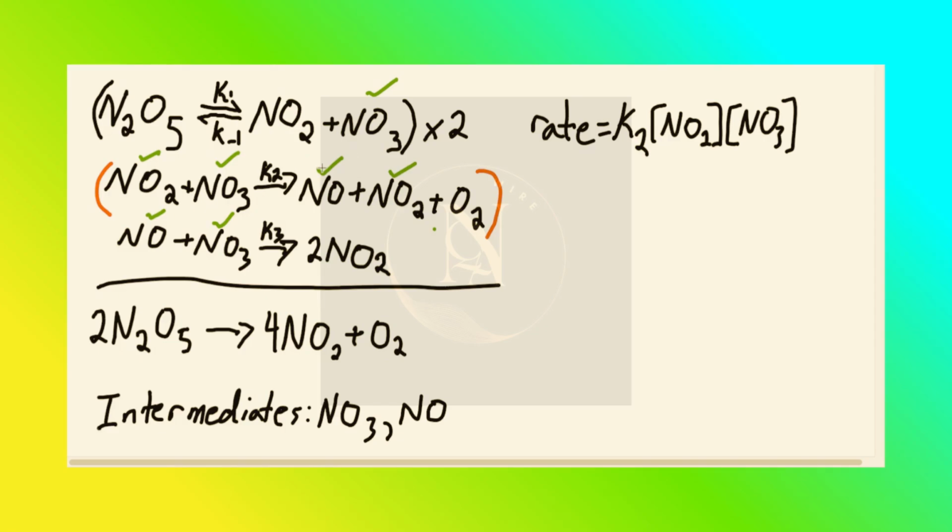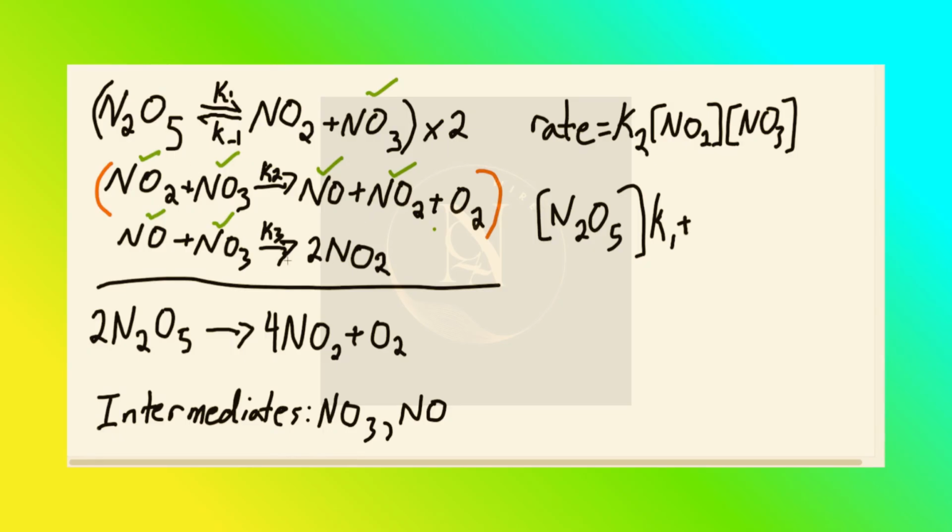So the rate at which this is going on here, we'll say that we have N2O5 times K1, producing it. That's the only thing producing it. We're not going to count this middle equation because we are both producing and consuming it.